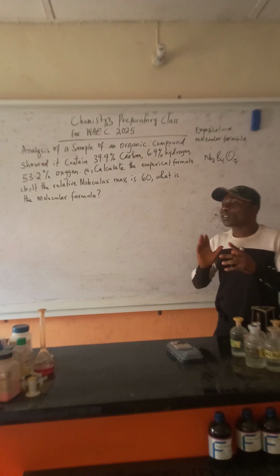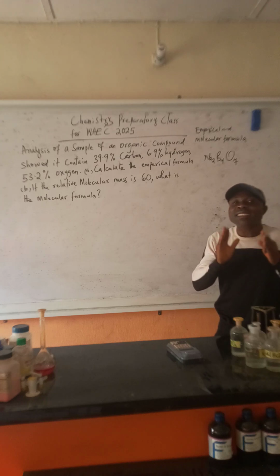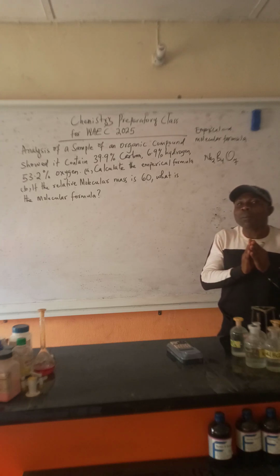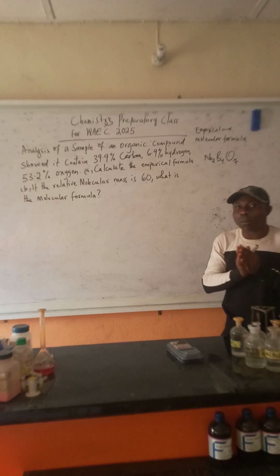Now, the empirical formula is the simplest formula that gives the exact ratio of the number of elements present in a molecule or a compound.